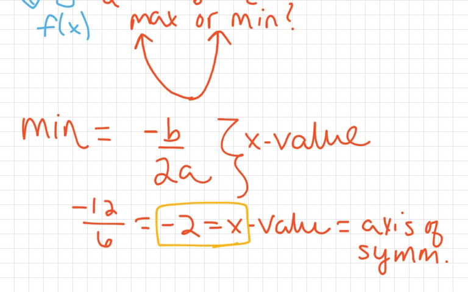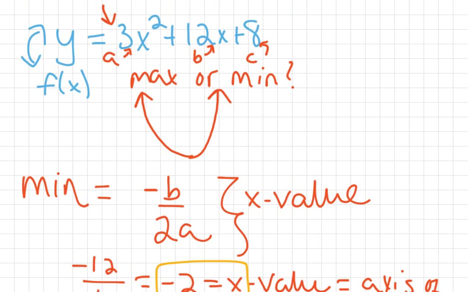Now I want to take that negative 2 and plug it back into our original equation. So I have 3 times negative 2 squared plus 12 times negative 2 plus 8. Okay, so order of operations tells us to look at exponents first. I have one here.